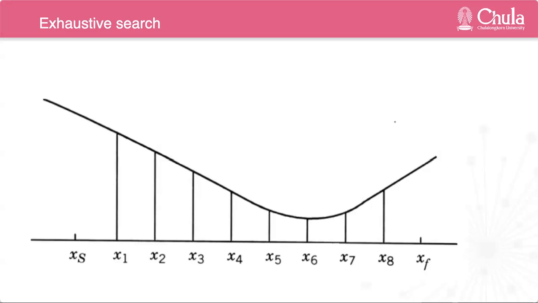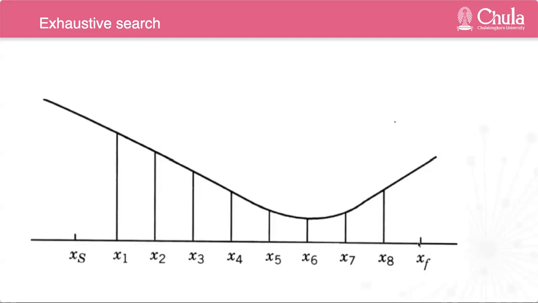But won't we already divide the x5 to x7 into 9 intervals already? Because L0 is x5 to x7, right? So if we divide by 9, we will also get this 9 interval. I lost you. I cannot get your point. See, we start from xs to xf, right?